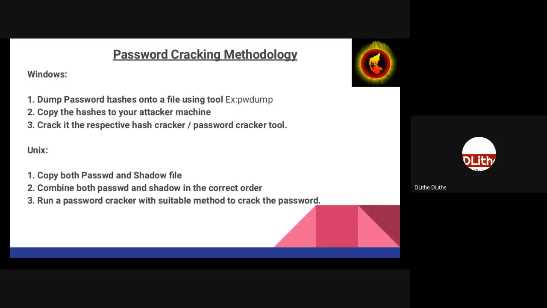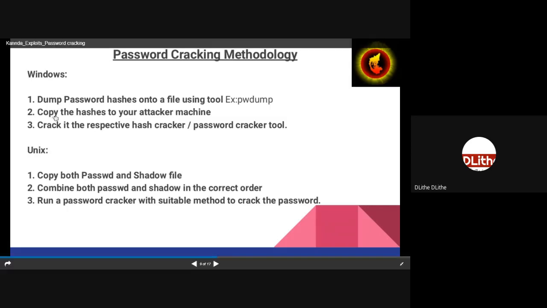That's the first step. Second step, you need to copy the password hash into the attacker machine, and then run a tool to crack your password hash. Pretty straightforward as that. Next is your Unix based machine, where we have similar steps. Let me discuss Unix based machines after cracking a Windows machine.